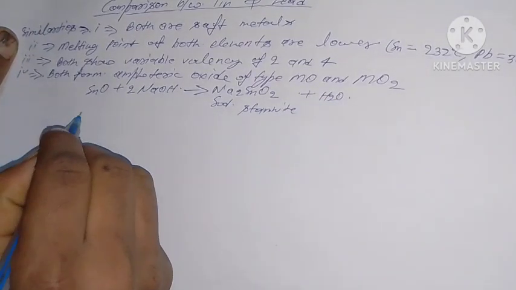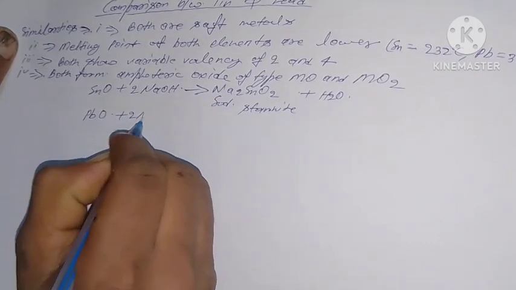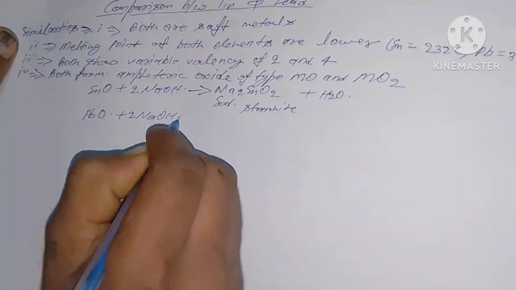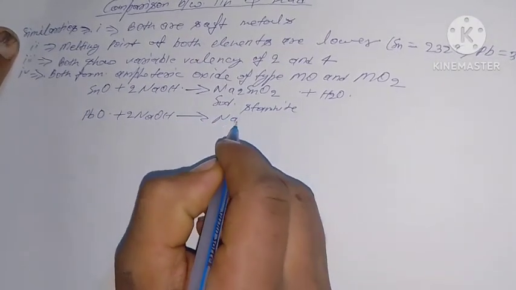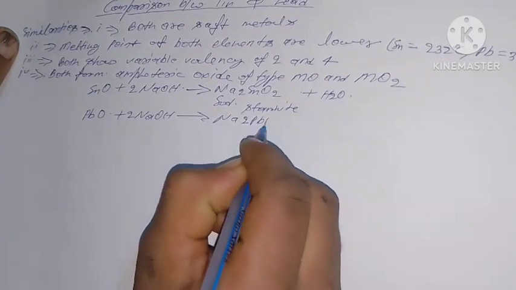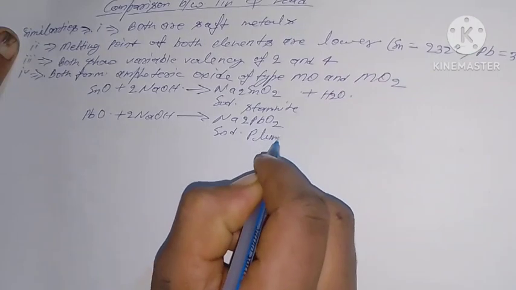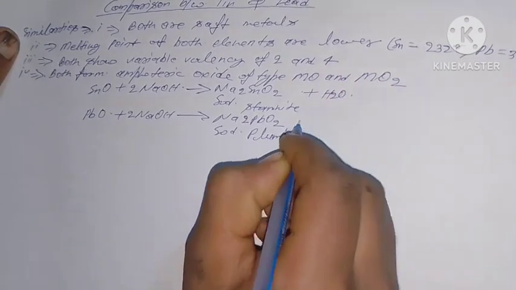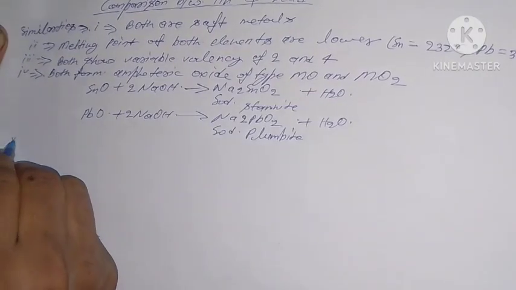And lead monoxide, PbO, is reacted with sodium hydroxide, that makes sodium plumbite, Na2PbO2, plus H2O, water.